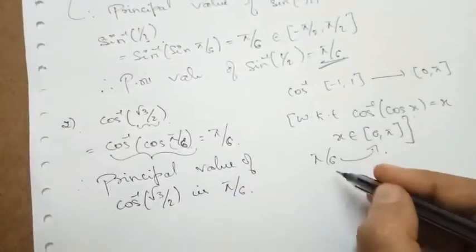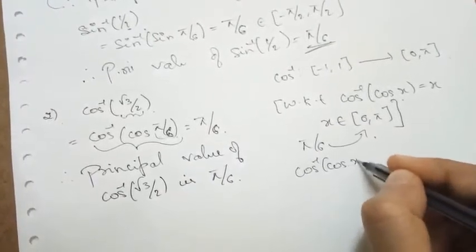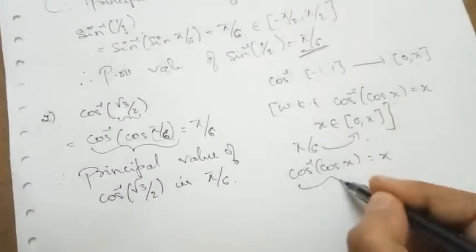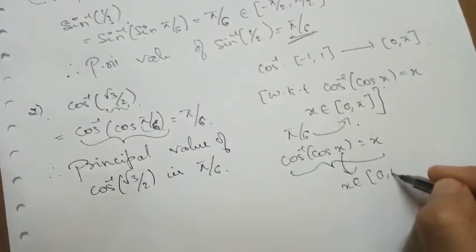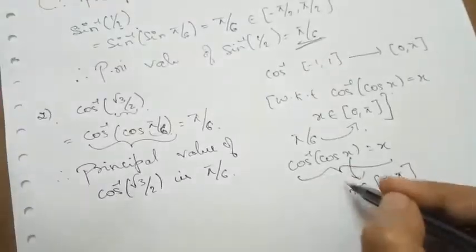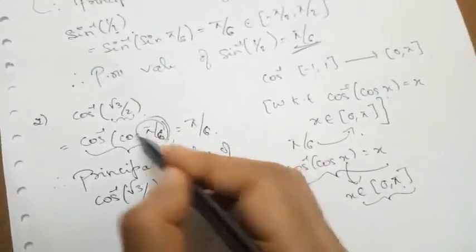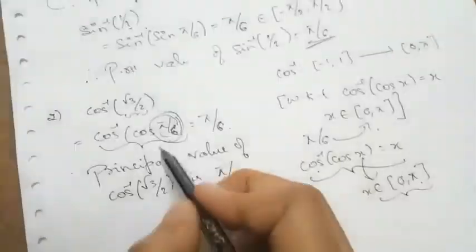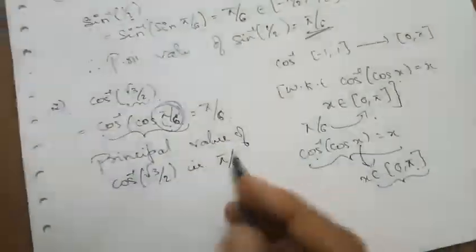So understood one thing, students: it is not true every time that cos inverse of cos x is equal to x. It is only possible when this x belongs to the principal value branch. The principal value branch of cos is from 0 to pi. Since here our value is lying between 0 and pi, I wrote cos inverse of cos pi by 6 is equal to pi by 6.